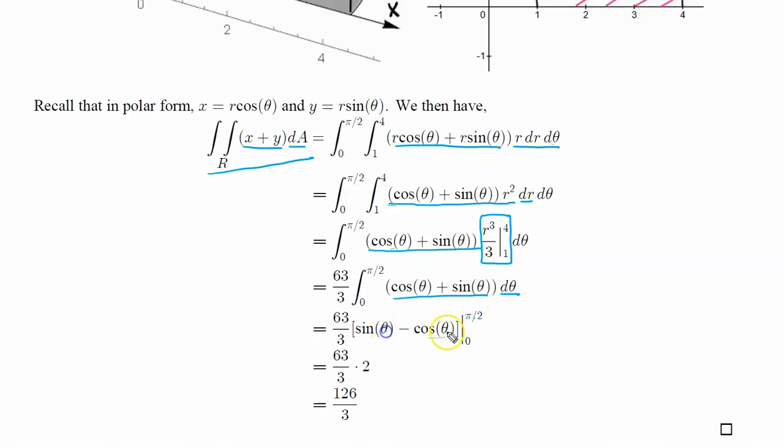Put pi over 2 in for theta, put 0 in for theta, and subtract, and you will get 2. 2 times 63 over 3 gives us 126 over 3, and there's the volume of that wedge-shaped solid. And so there you go, there's another example using polar coordinates. And you notice that for this problem, because of the shape of the region R, it was much easier to use polar coordinates than rectangular coordinates.